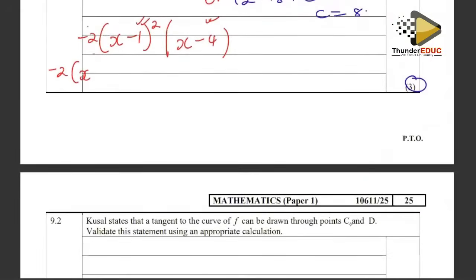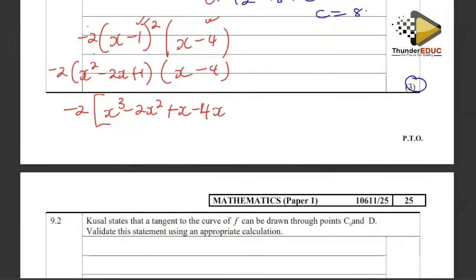So negative 2, we have x squared minus 2x plus 1, times x minus 4. Okay, so negative 2 stays there. That's going to be x cubed minus 2x squared plus x, minus, this is going to be 4x squared minus 8x minus 4.